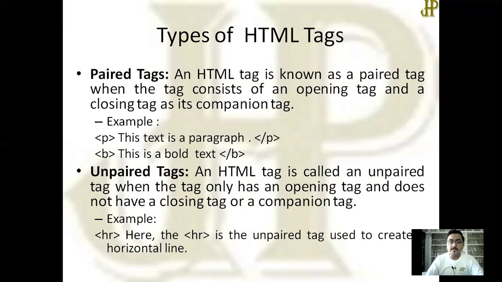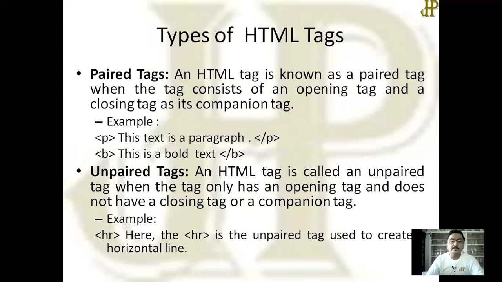Whenever a tag consists of an opening tag and a closing tag, like P and then closing P, and between these tags the content is kept, then this type of tag is known as a paired tag, like paragraph, bold, italic, and many more.